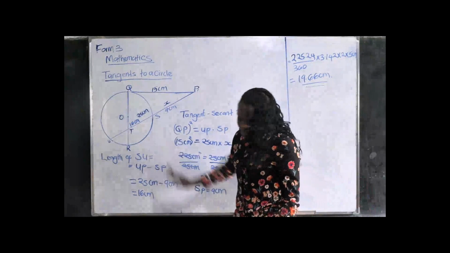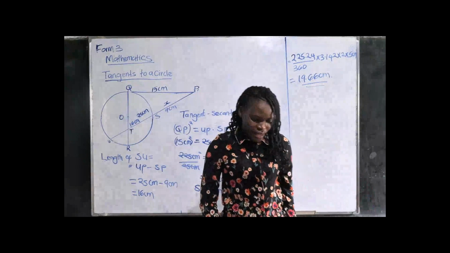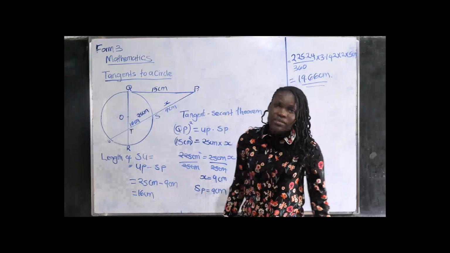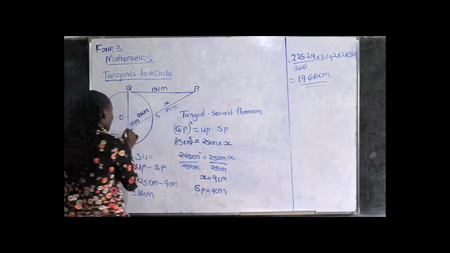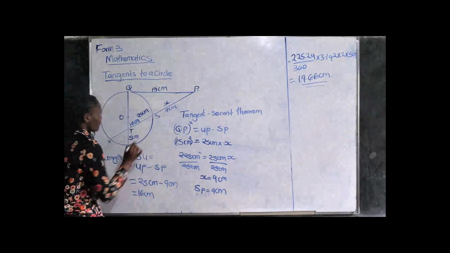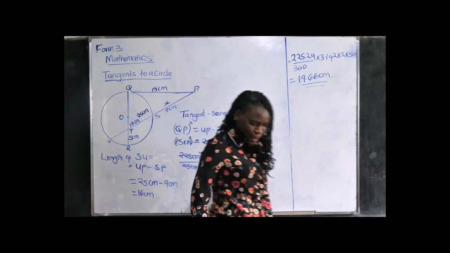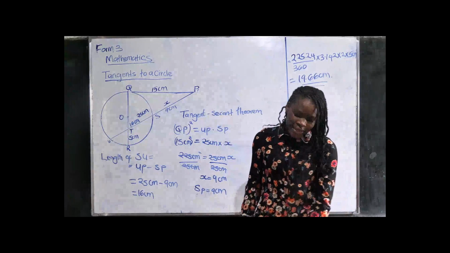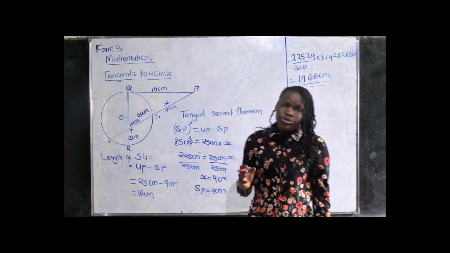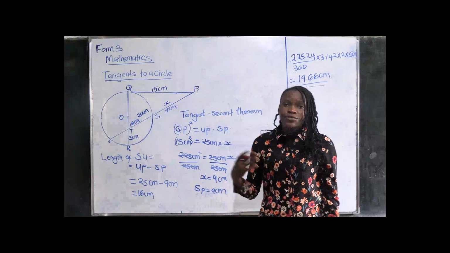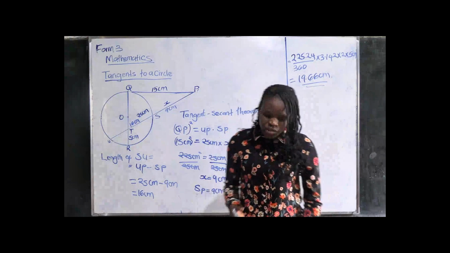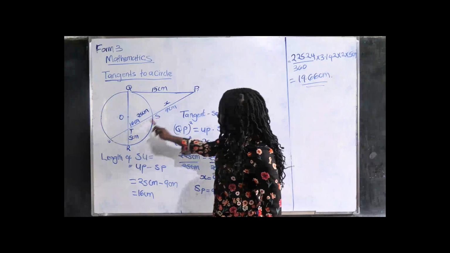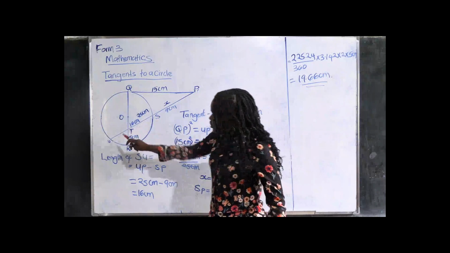The next question is still on the same diagram. Here is our diagram. We know RT is 5 centimeter, and we have been told ST to TU is 5 to 3.